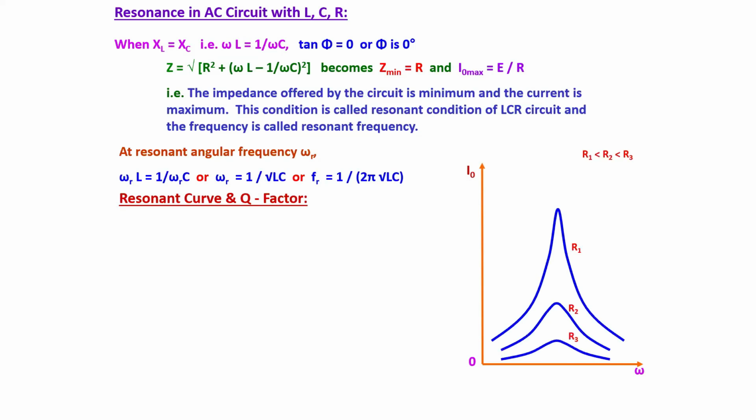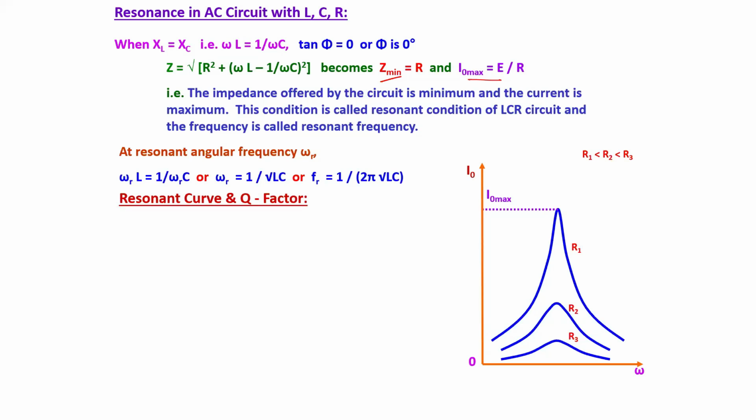So here we can say the total impedance in the circuit becomes minimal, or we can say it will be equal to R. Whereas the value of current becomes E over R, which means the impedance offered by the circuit is minimum and the current is maximum. This condition is called the resonant condition of the LCR circuit, and the frequency is called the resonant frequency.